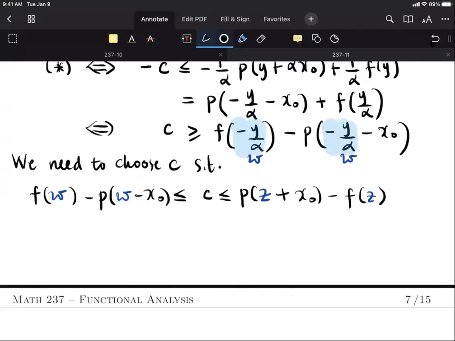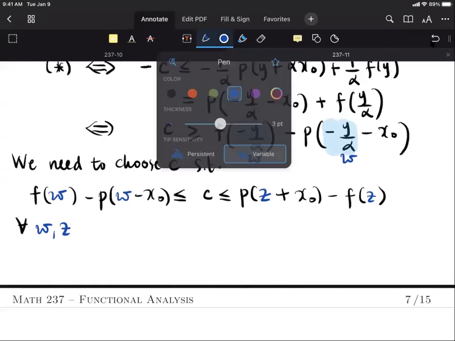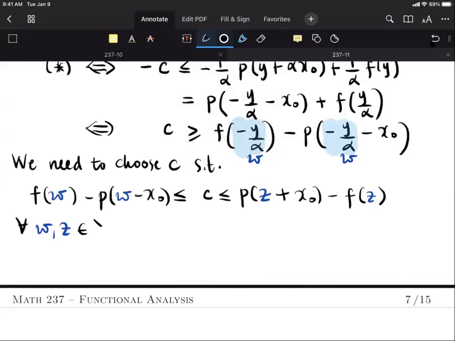So we need to choose C such that this is valid for any W and Z in the subspace Y. So here it is enough to prove that indeed this one is less than or equal to this in order to choose a number in between. Well, if they are equal, then you can take the common value.